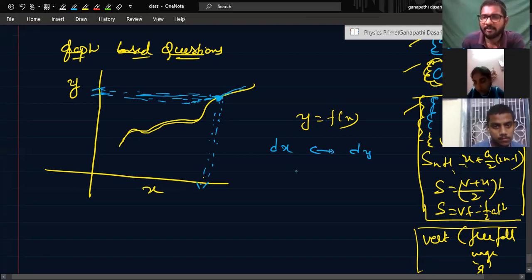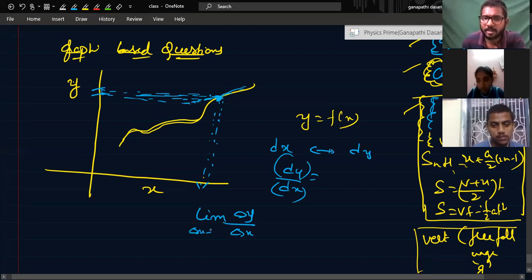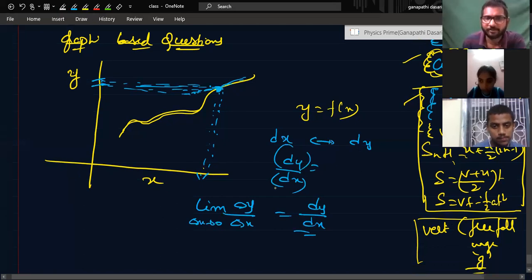So dy by dx is nothing but y2 minus y1 is dy, x2 minus x1 is dx for a very small change. The limit of delta y by delta x, when delta x tends to 0, is equal to dy by dx. So this is the slope of this curve at that point.